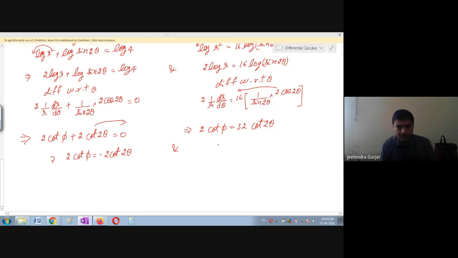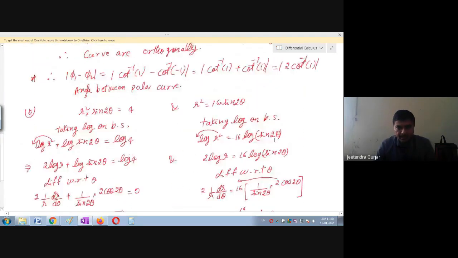How can I simplify this? Yes, I can take this 2 to the right, and this is 16. So this is going to become cot phi is equal to 16 cot 2 theta. Is 16 getting cancelled anywhere?